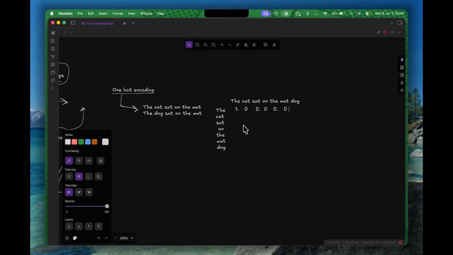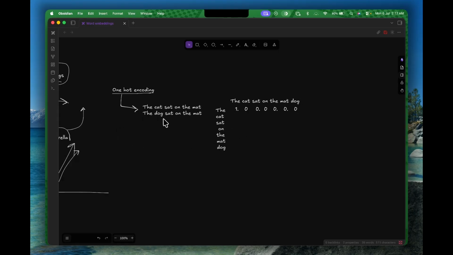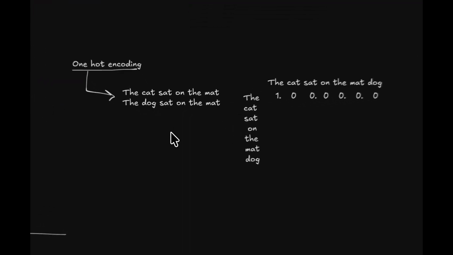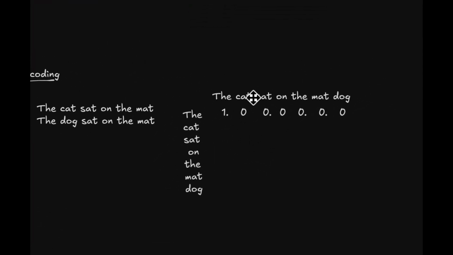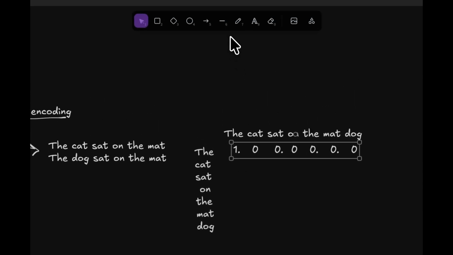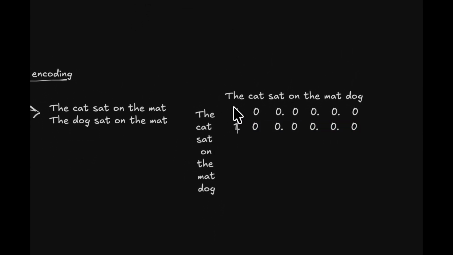The cat sat on the mat, and then there is dog. Because all the unique words are there, I'm going to find the one hot encoding of it. The one hot encoding will be something like this.